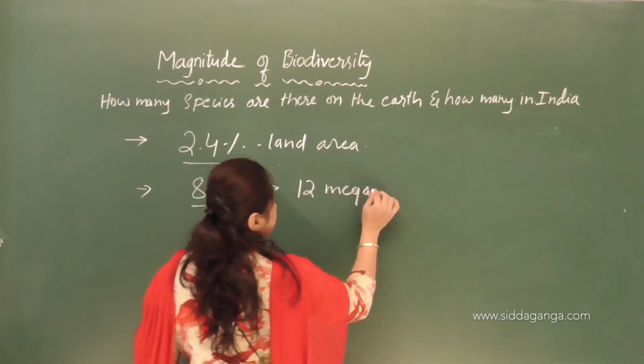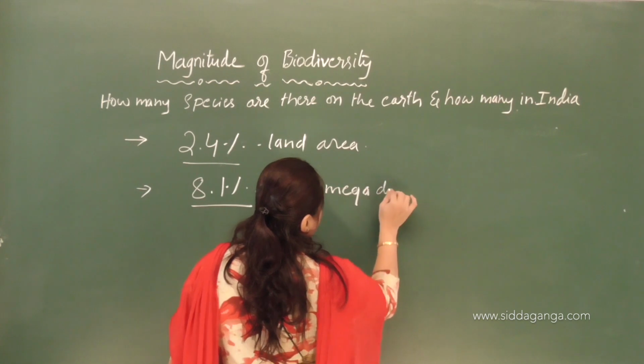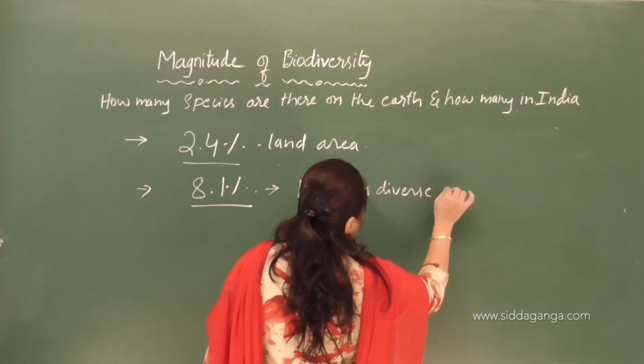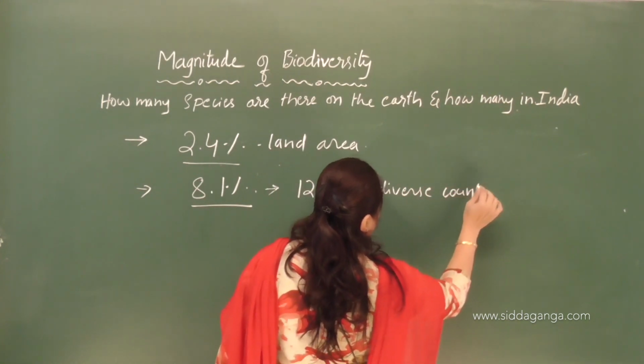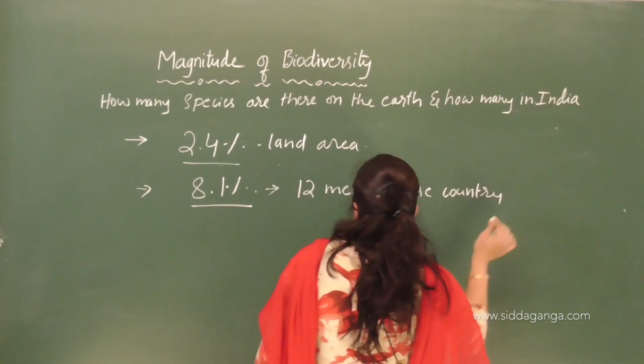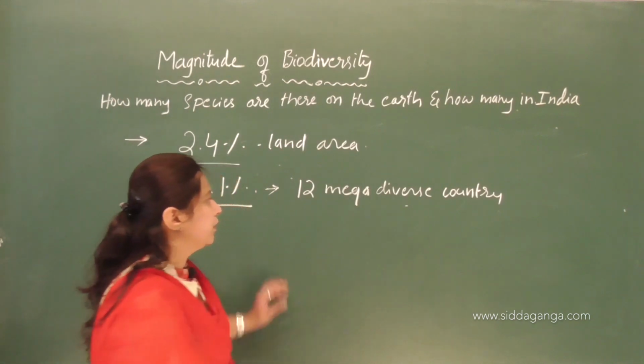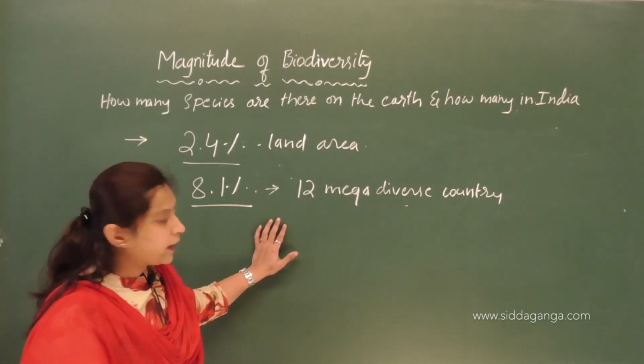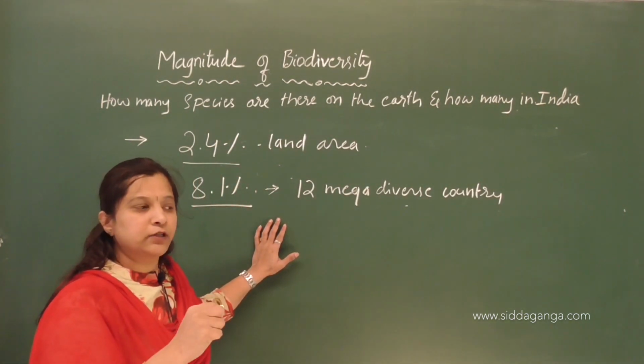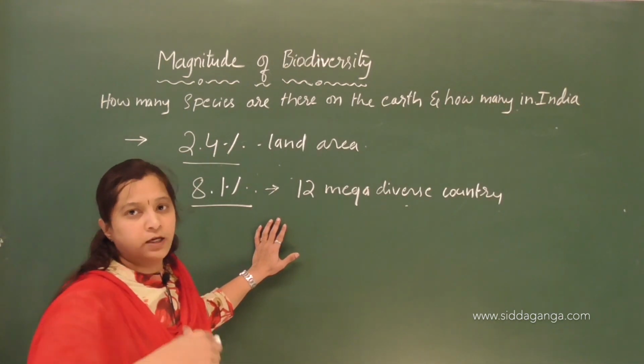mega diverse countries of the world. It is one of the 12 mega biodiversity countries of the world. Mega diverse countries are the countries with a large amount of species.